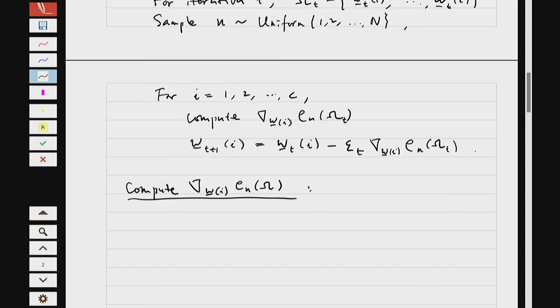Now you have to calculate the gradient with respect to this w. Did I say omega? No, w. It looks like omega, which is why people like to use a big omega to put them together. But yes, w and omega. So this is given the nth example.